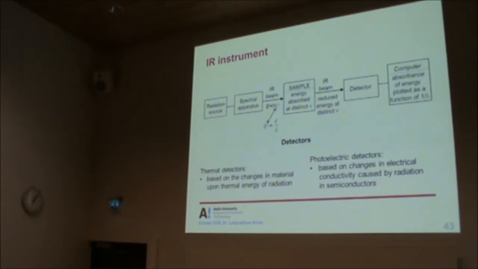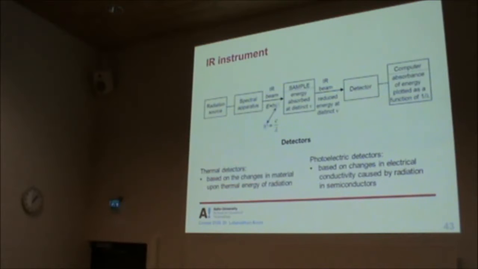And then when it comes to detectors, we have already seen this. You have thermal detectors. Because the photons of infrared radiation are very low energy, they can't produce photoelectric effect. They can't knock out electrons. So what we do is we use the property of infrared radiation to heat up a sample.